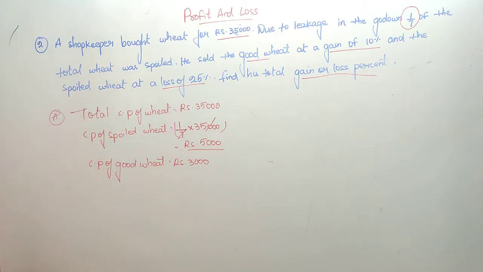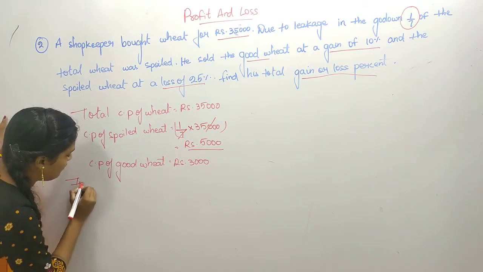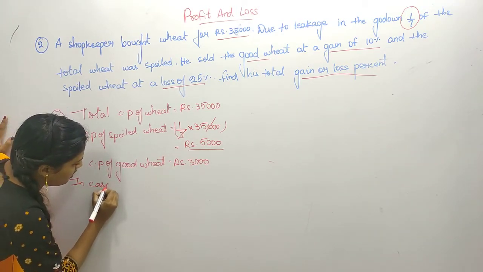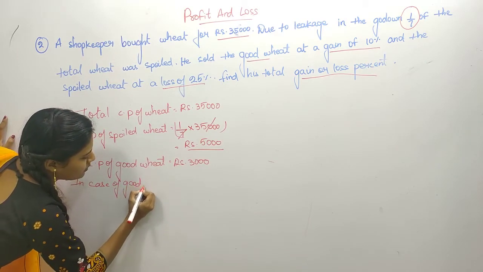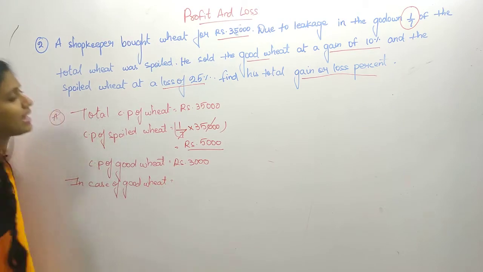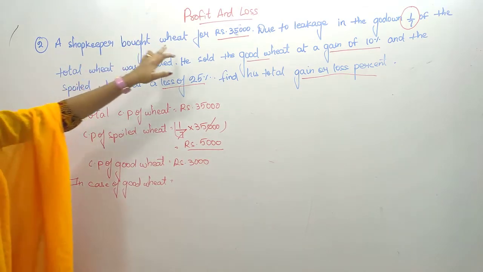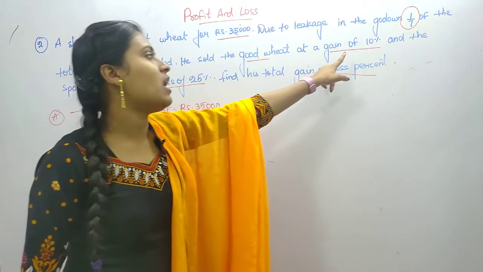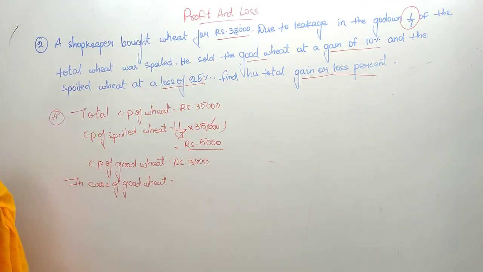Now in case of good wheat, we have to find out the selling price. He sold it at a gain of 10%.